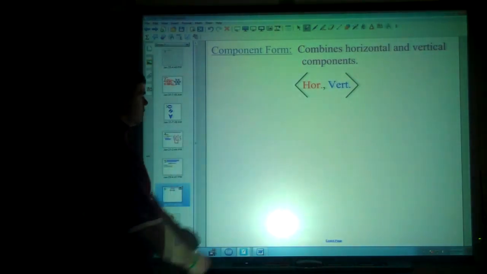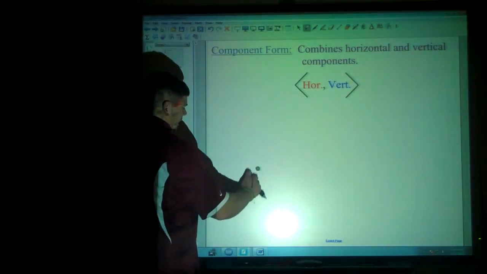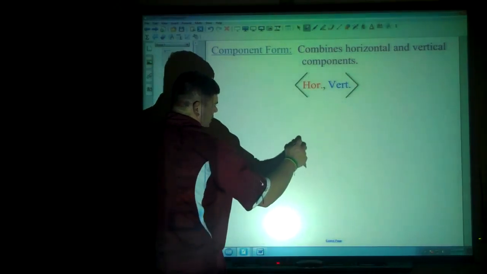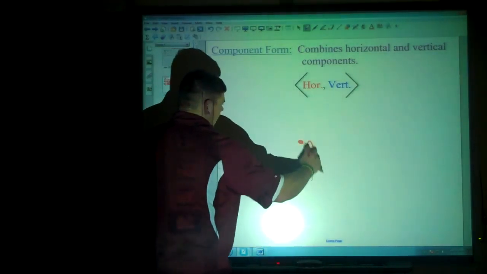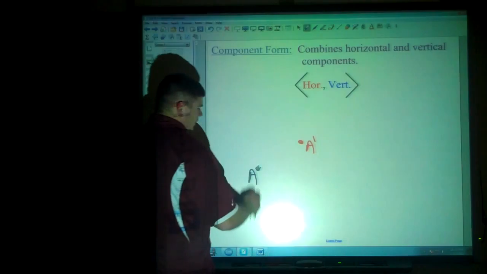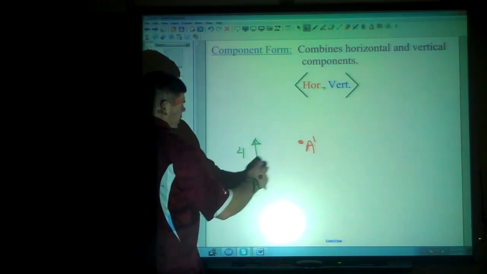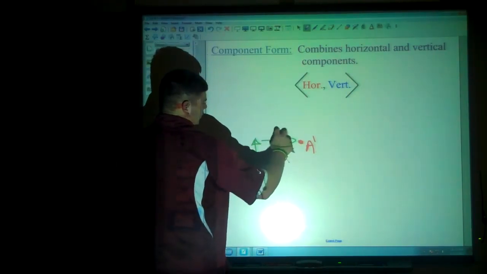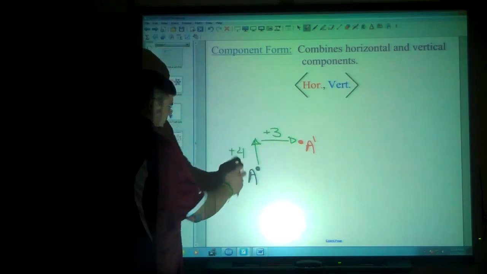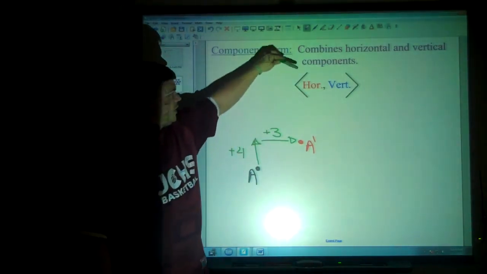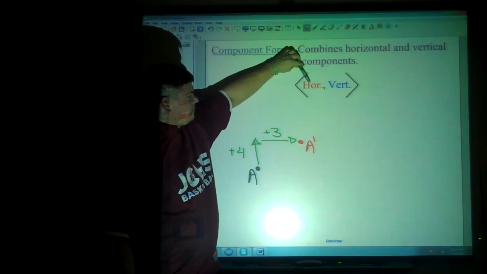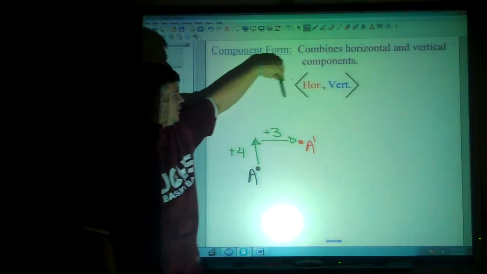So if a shape starts here, and we call that A, and it ends up over here, call that A prime. If it goes up 4 and right 3, then you would have a horizontal movement of 3 and a vertical movement of 4.